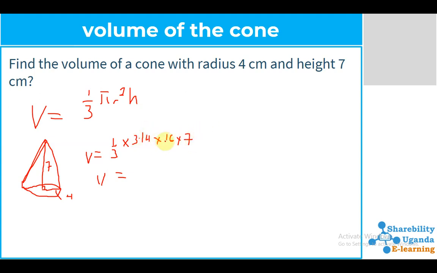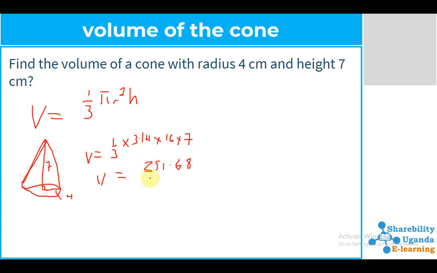Okay, we shall get 117.68 over 3, which is 35.